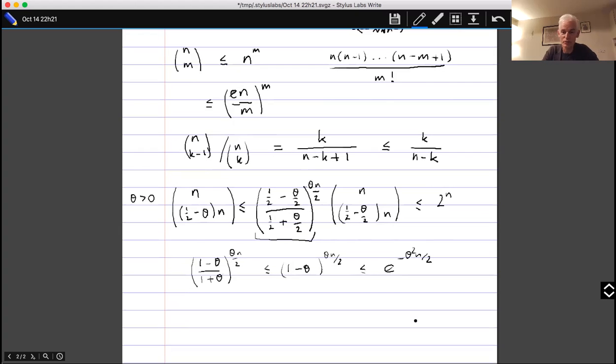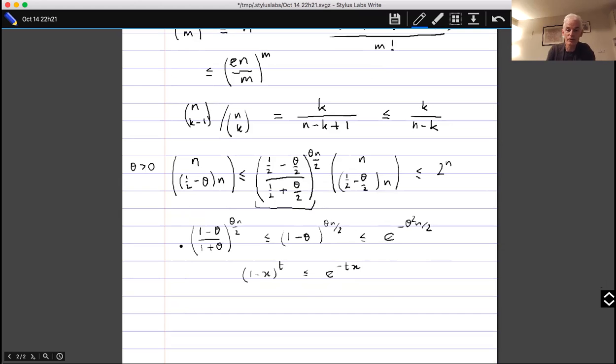And if that last step wasn't clear to you, another extremely useful estimate is just 1 minus x to the t is less than or equal to e to the minus tx. Okay, so we conclude from that the original binomial coefficient, n choose a half minus theta n, is less than or equal to e to the minus theta squared n over 2 times 2 to the n.